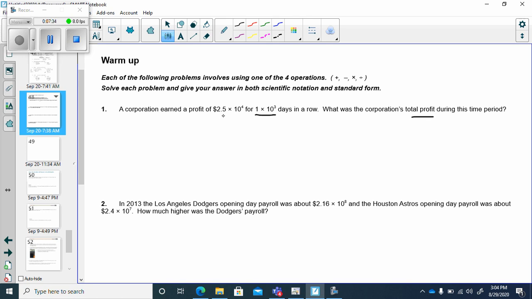Okay, you'd think total would be adding, but we're adding this up for 1 times 10 to the 3rd days. So I can multiply these two. 2.5 times 10 to the 4th times 1 times 10 to the 3rd. Collect our front numbers, 2.5 times 1.